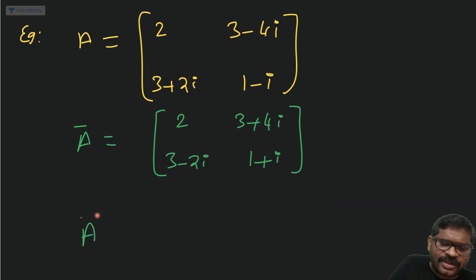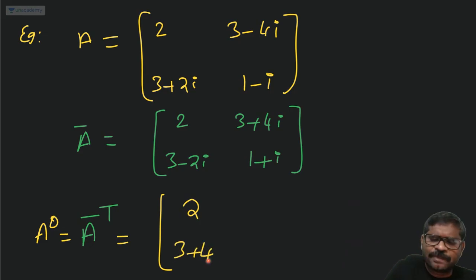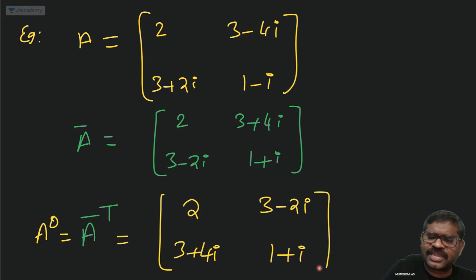A bar transpose, that is nothing but A power theta, equal to, you have to take the transpose of the conjugate. So 2, 3 plus 4i, 3 minus 2i, 1 plus i. Understood? A power theta equal to A bar transpose.